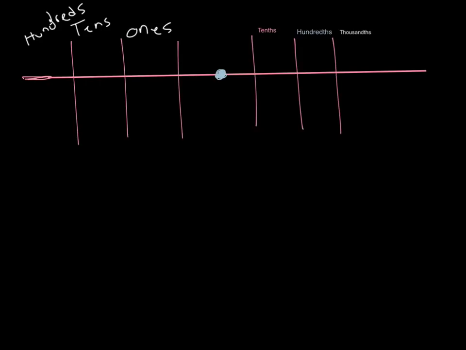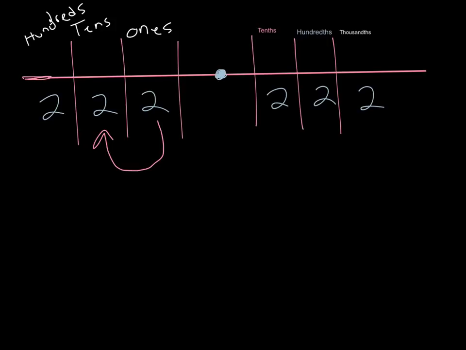I set up a place value chart here to show you the patterns. If we have the same number in every place value, we can start to see a pattern develop as we go from the ones place to the tens place to the hundreds place. We have two ones here, but as we go to the tens place, the value of the two becomes more.